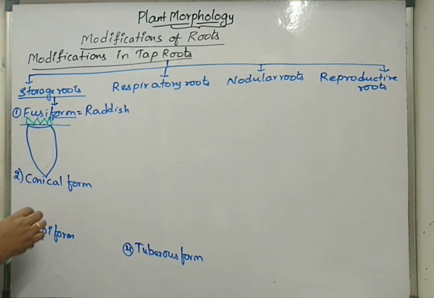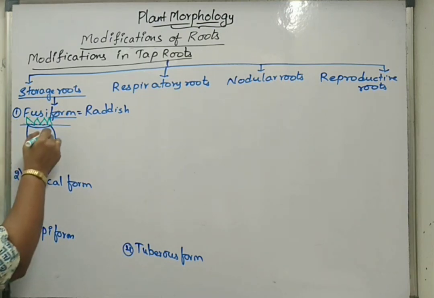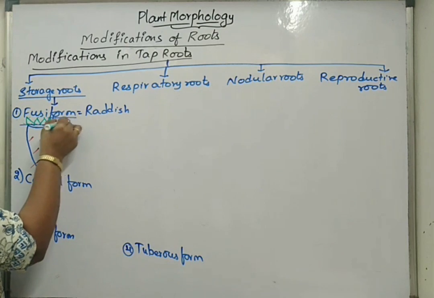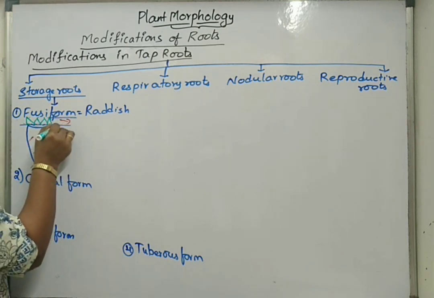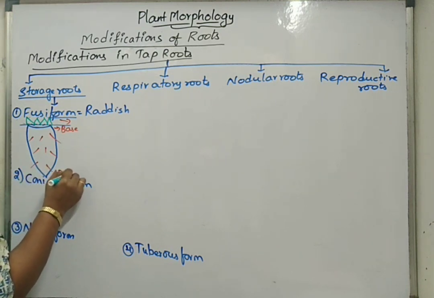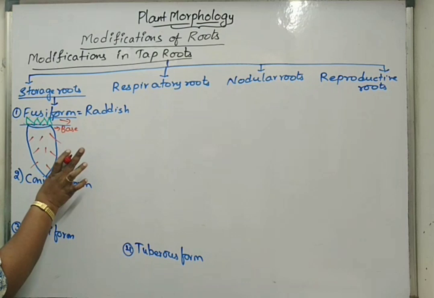And on the taproot system, there will be root hair-like structures like this. Here we have to see in fusiform, the base part, and this is the apex part or tip part. Apex we will write as tip of the root.